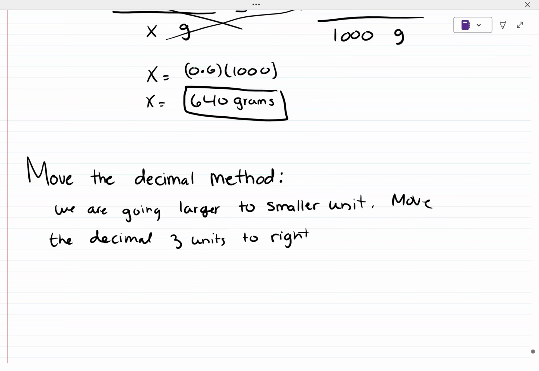Why 3? Because we know that 1 kilogram is 1,000 grams, so it's like this amount of zeros. It was 0.64, so we move it 3 units to the right. So it's going to be 1, 2, and then 0. You don't need the leading zero, so that's going to be 640, and you don't need this decimal, so 640 grams.